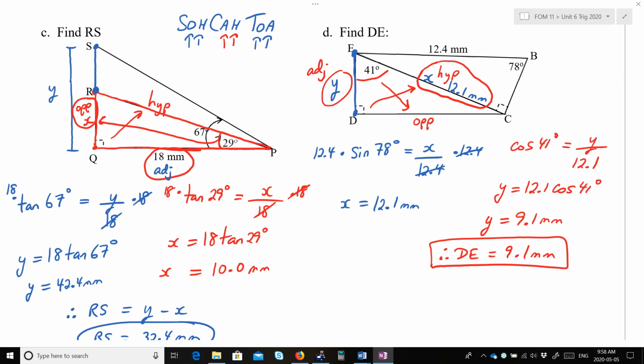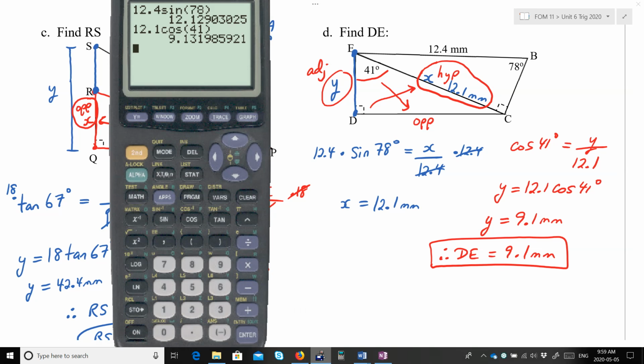Okay, in the answer key they have 9.2, so just some rounding discrepancies there. I wonder if maybe they went 12.4 sine 78, and just kept that whole number.